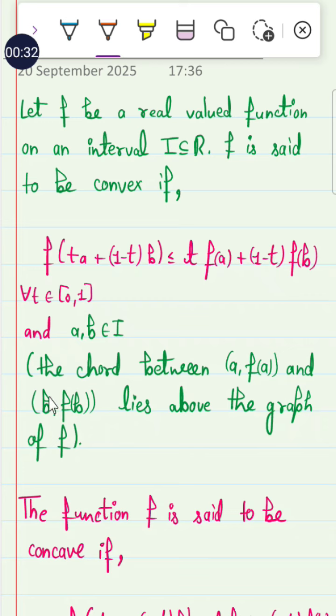Then this function is said to be convex. That means the chord between the graph point A and the graph point B lies above the graph, then the function is said to be convex.